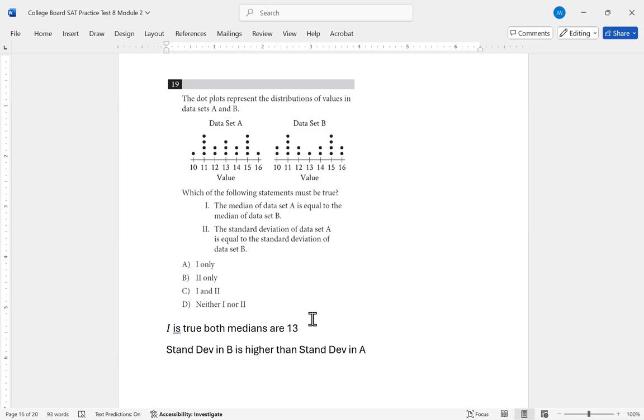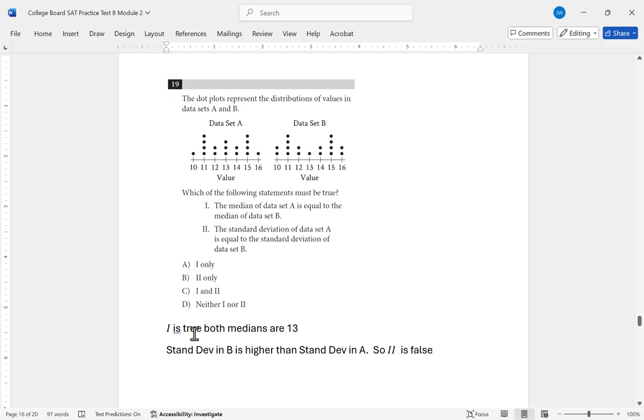So the standard deviation in B is higher than the standard deviation in A. And that means number 2 is not true. So option 2 is not true, or I'll just say is false. Those standard deviations are not equal.